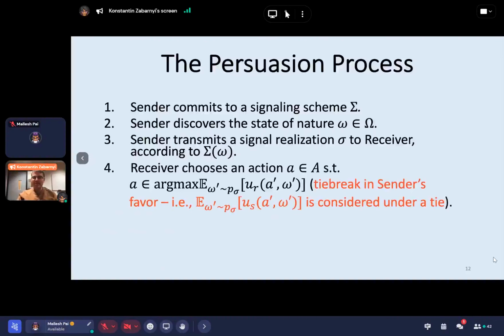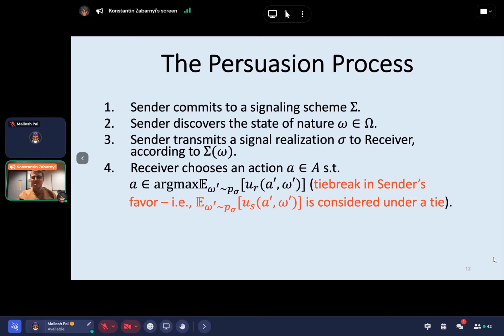Upon receiving it, the receiver computes the posterior distribution, and she chooses an action A that maximizes her expected utility over the posterior. And in case there are several actions that are equally good for the receiver, the convention is that the receiver chooses the action which is better from the sender's point of view.